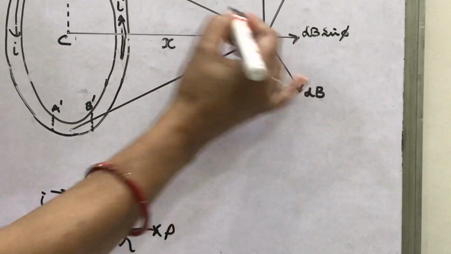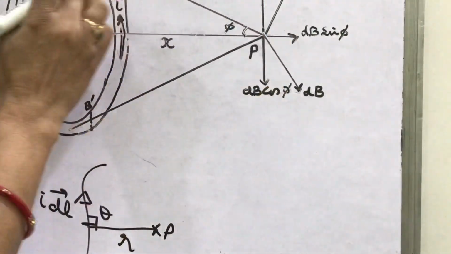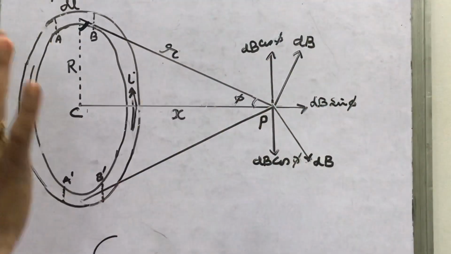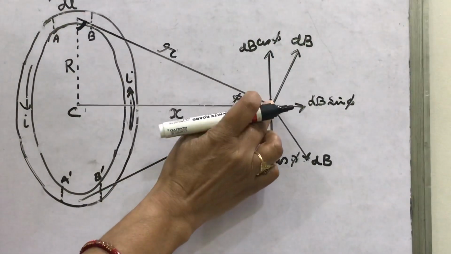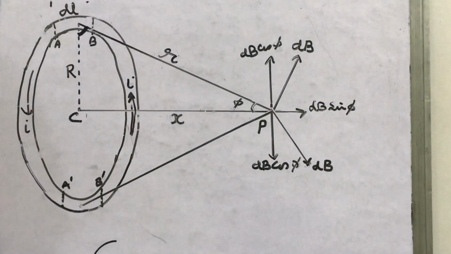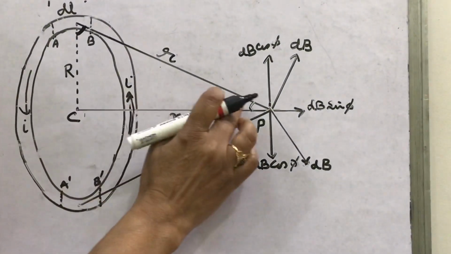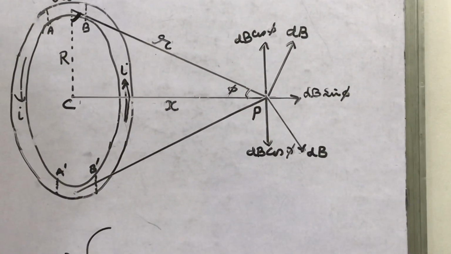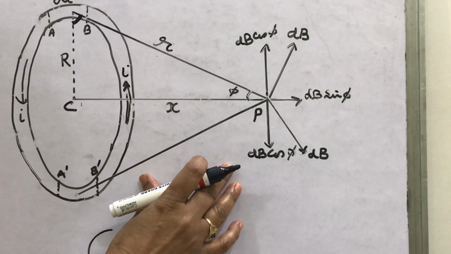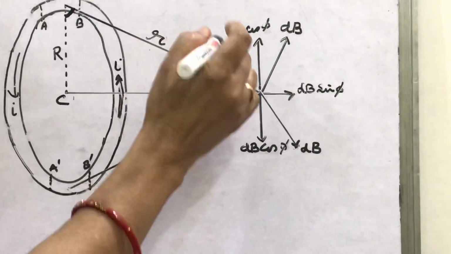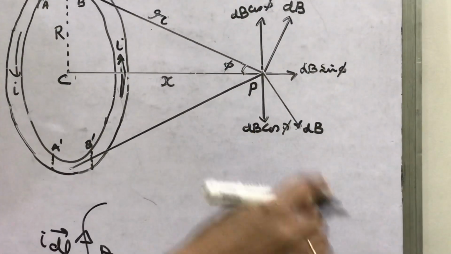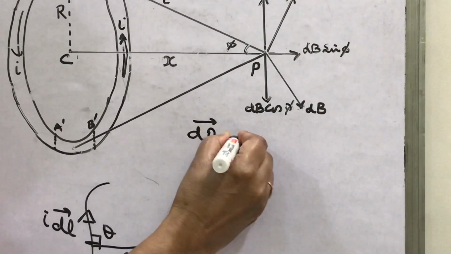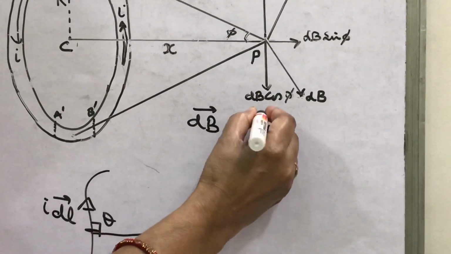So here the magnetic field is cross. What will be the magnetic field here? It is perpendicular to the plane containing dl and r. So this is the dB. How will you draw the figure? r and perpendicular dB. Now if this r makes angle phi with the perpendicular distance CP, what will you write for dB from the Biot-Savart law?